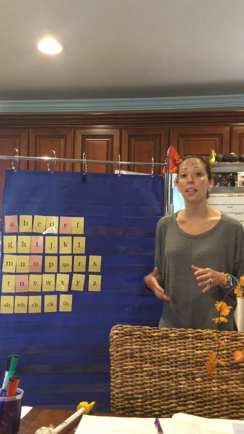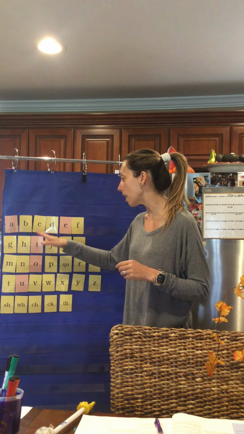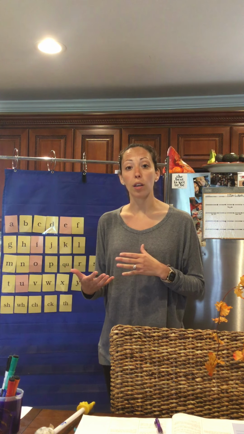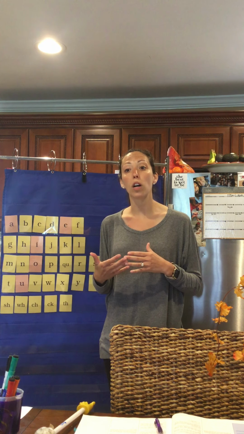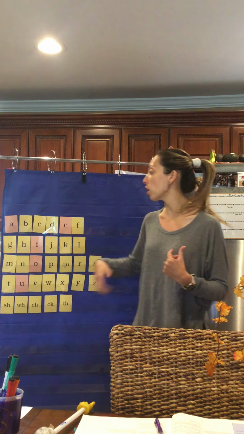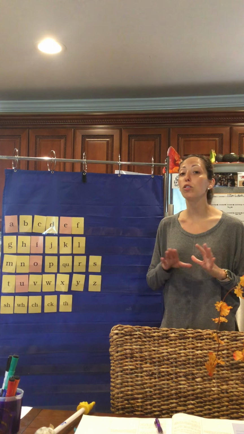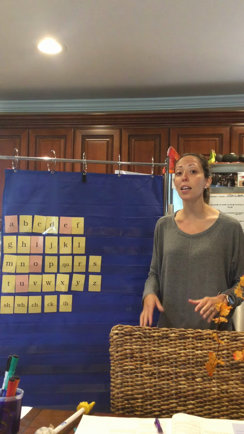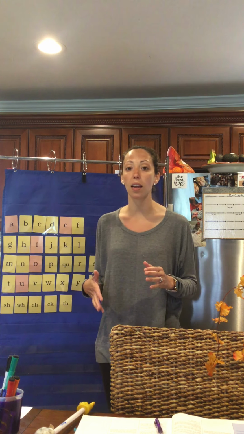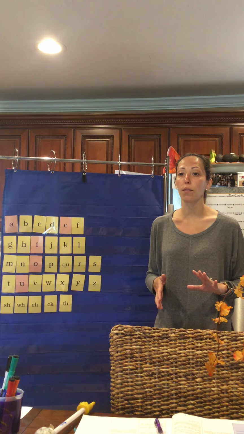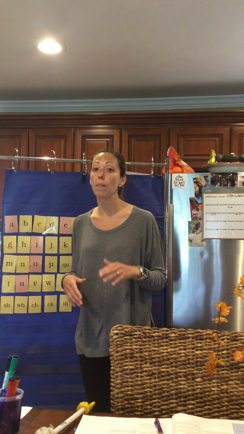So CK makes the K sound just like C and just like K. I had already taught you the trick on what to look for if a word starts with the K sound and to know whether to use C or K. Well, you don't have to worry about using CK in the beginning, because CK is never going to be found in the beginning of a word. So CK is our only digraph that you will not find at the beginning of a word. Our other digraphs, you may find them in the beginning of words or at the end of words.